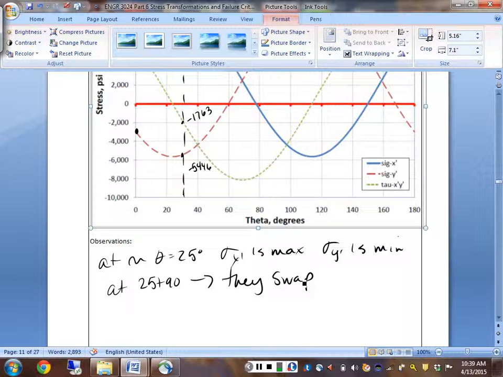Okay, the other important thing that we've already touched on, if sigma x prime or sigma y prime is at a max or a min, the shear is 0. And where is it that the shear is maximized? It's at plus or minus 45 from the others.